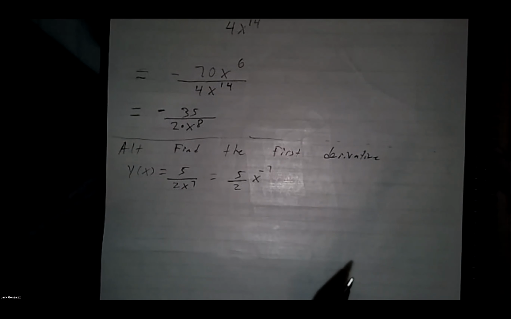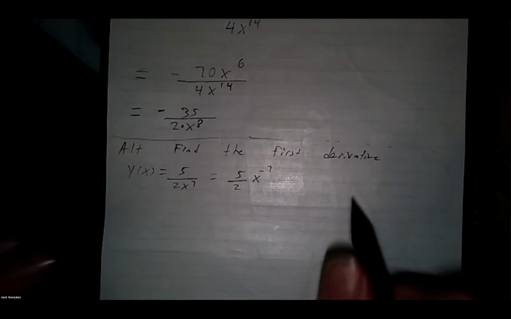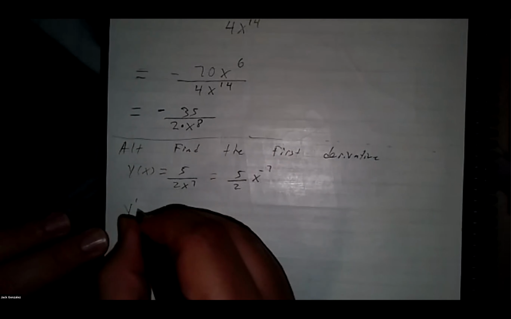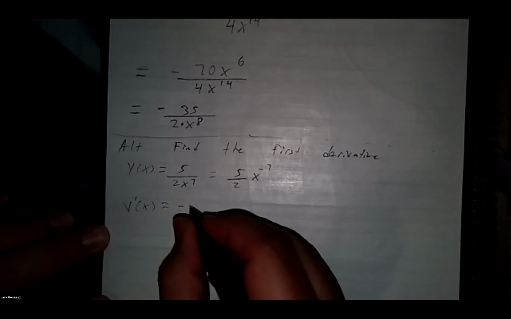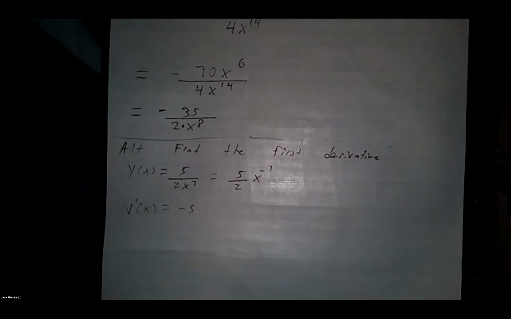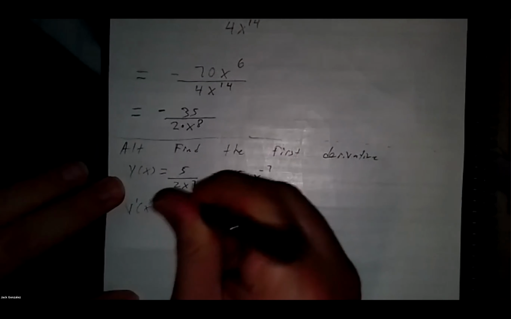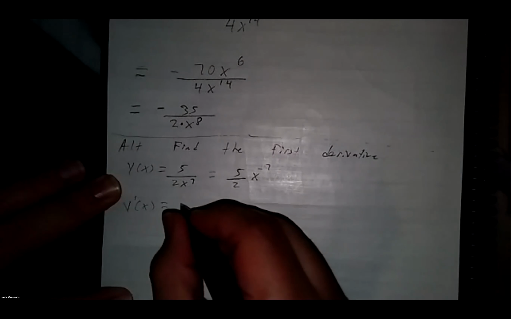So the first method was the quotient rule, which is what they asked for. But it wasn't necessary because we can use algebra to bring this up to the top. And then you can just do a power rule, right? Bring down the negative 7. Negative 5 times negative 7, right? So you bring the 7 down.